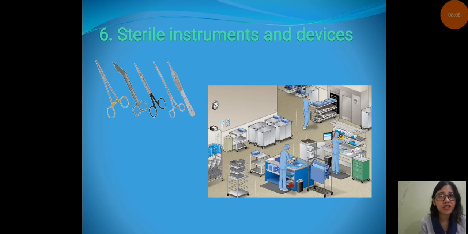The sixth one is the sterile instruments and devices. The delivery of sterile products for use in patient care depends not only on the effectiveness of the sterilization process, but also on the unit design, decontamination, disassembling and packaging of the device, loading the sterilizer, monitoring, sterilant quality and quantity, and the appropriateness of the cycle for the load contents and other aspects of device reprocessing.